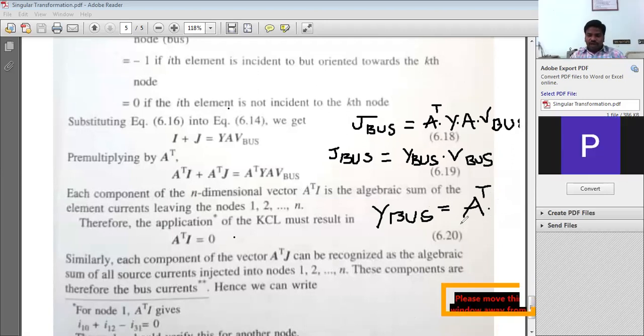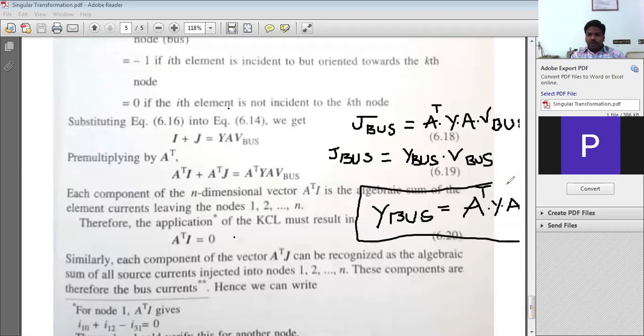So finally, Y bus using singular transformation can be considered as A transpose into Y into A, where Y is the admittance matrix. Please make a note: Y bus can be obtained by using singular transformation. Suppose in your university question paper you are asked to explain all these things, then you need to explain all these things.